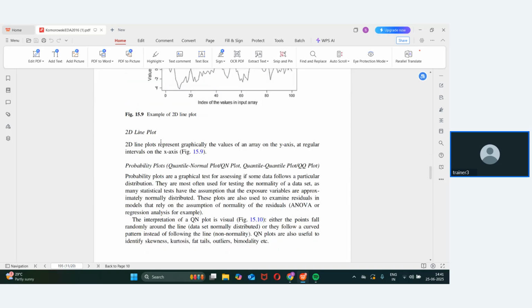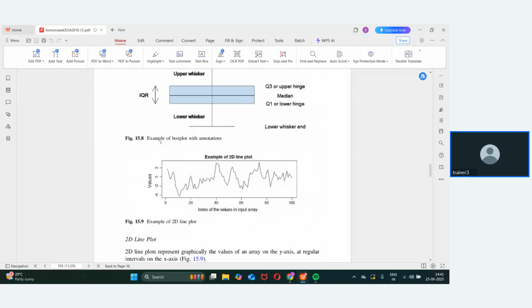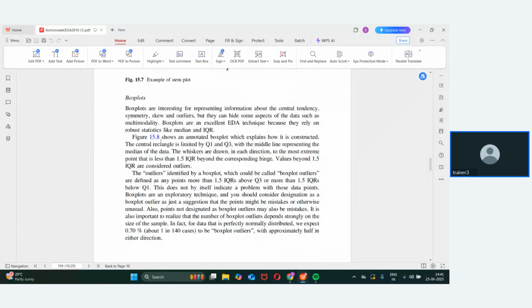Let us continue. So coming to the next type, it is the box plot. What are box plots? Box plots are another technique of representing information about central tendency. So what comes under central tendency? The mean, mode and median, symmetry, skew and outliers.